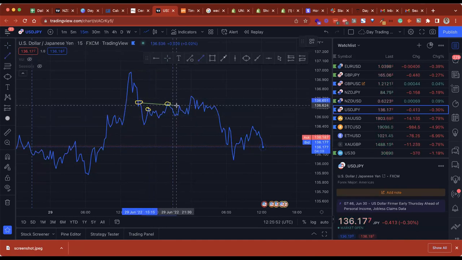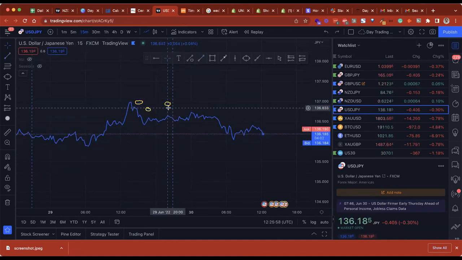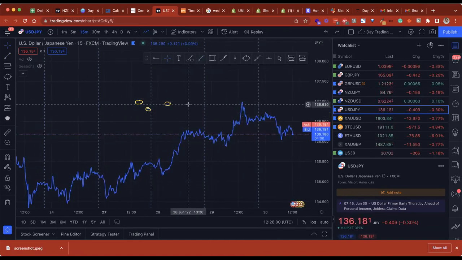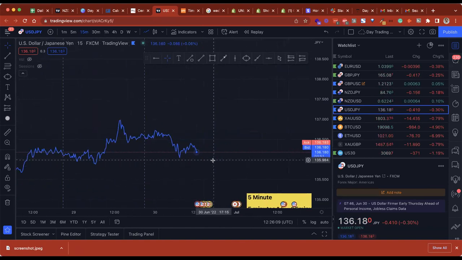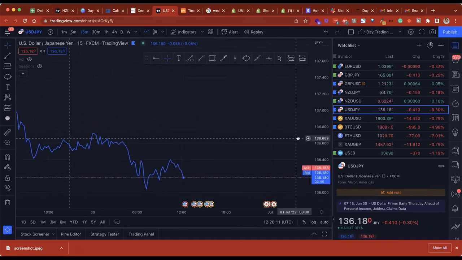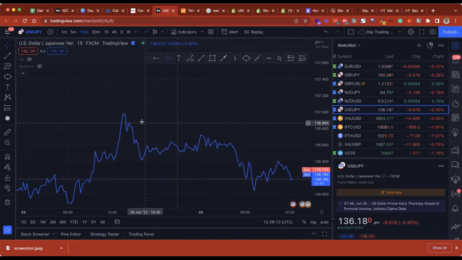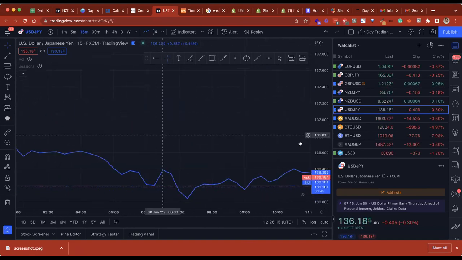I only can connect either to this one or to that one. So this is not our trend line. Let me go ahead and clear this off real quick.